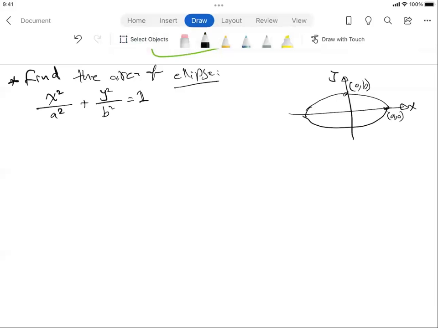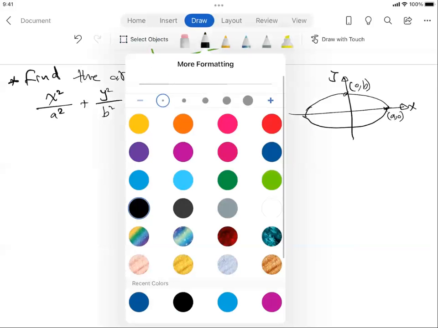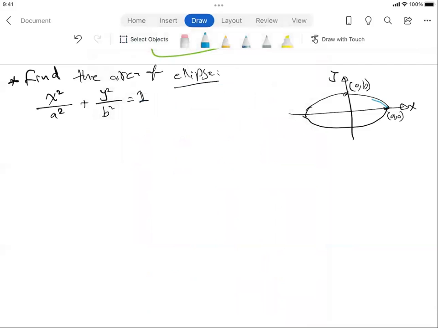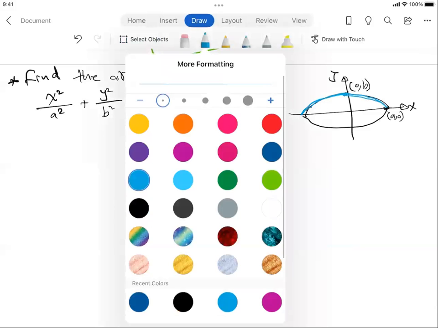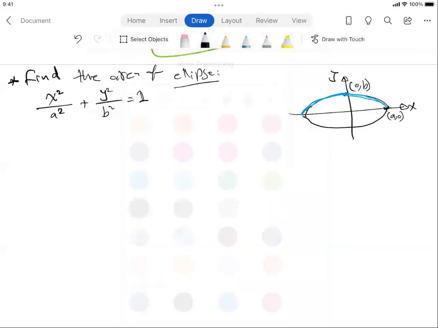So this is not in the form that we can deal with right away. So what we can do is solve for y and find an equation for this curve basically, and then go from there. So let's do that. If I multiply both sides by b squared, then I will have b squared over a squared x squared plus y squared, and that's equal to b squared.